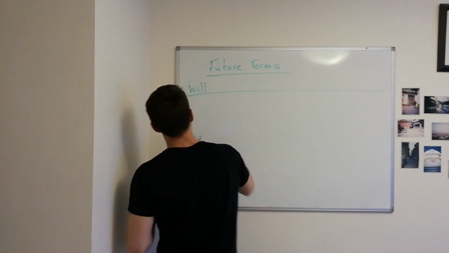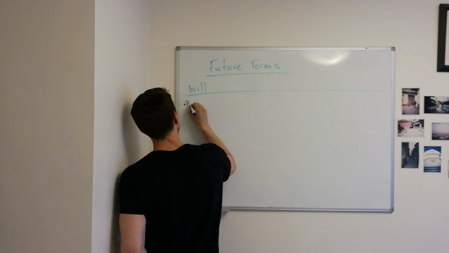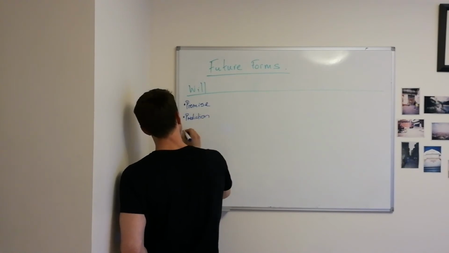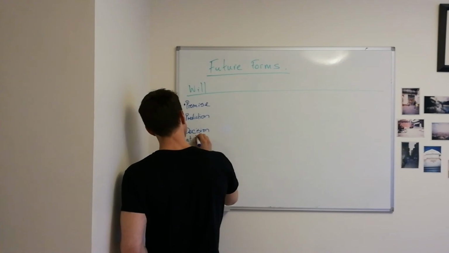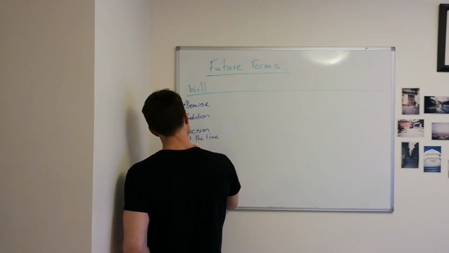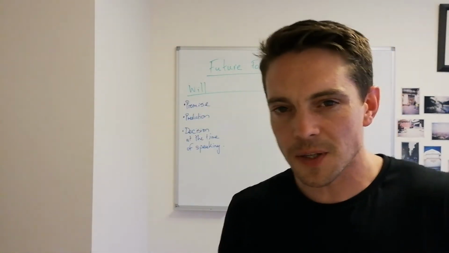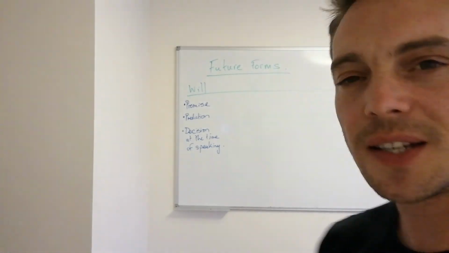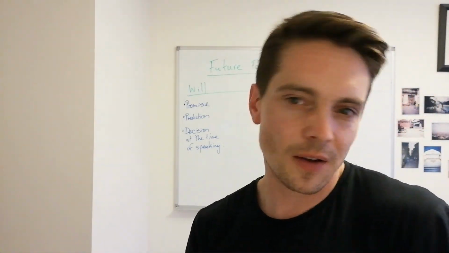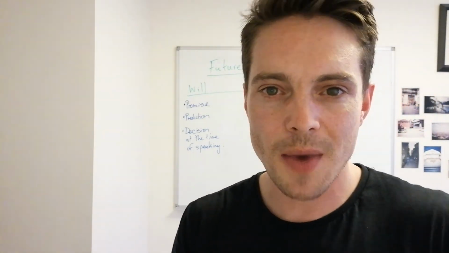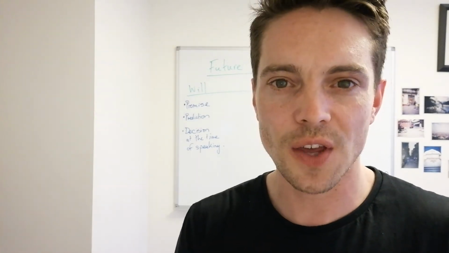So it's maybe a promise, prediction, so maybe it's a promise, maybe it's a prediction, or maybe it's a decision at the time of speaking. In other words, it's a decision that you make without actually planning it or thinking about it.